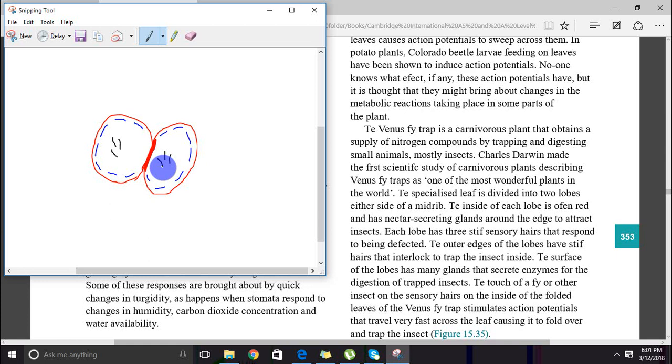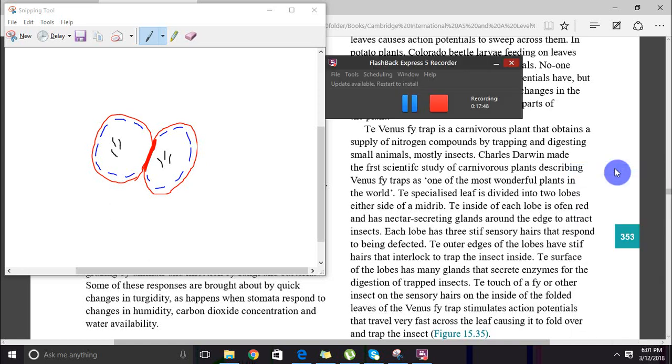And they're the ones that respond if they're deflected, meaning if an insect comes along and bumps into one of them, the deflection would be felt.